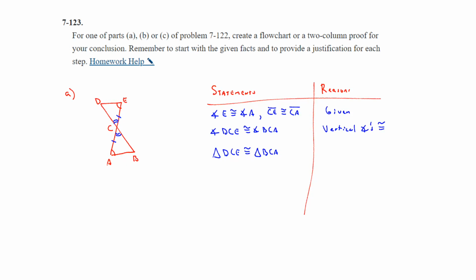And we know that because of angle-side-angle congruency. So it says for one of the parts, I just went ahead and did A, but once again, you could do B or C on this, and you can use a flowchart or you can use a two-column proof. Practicing both of them is a good thing. So that ends it, at least for part A.